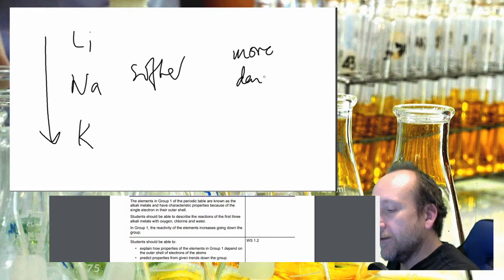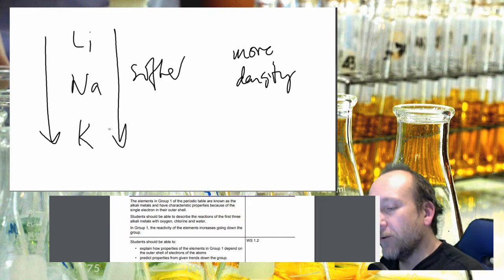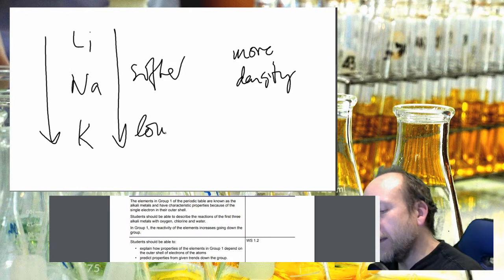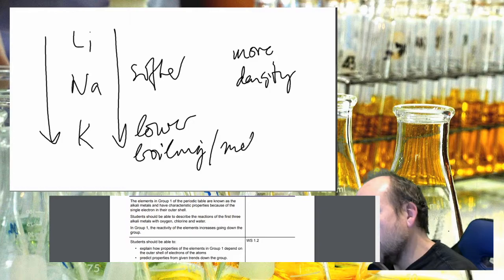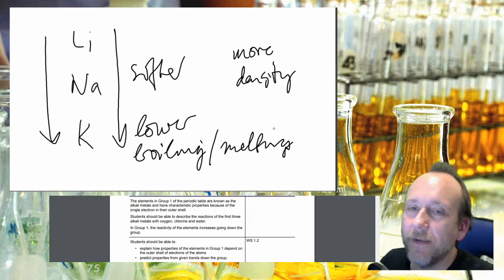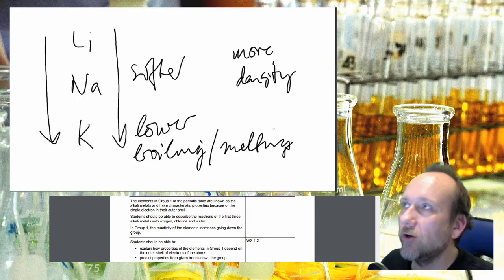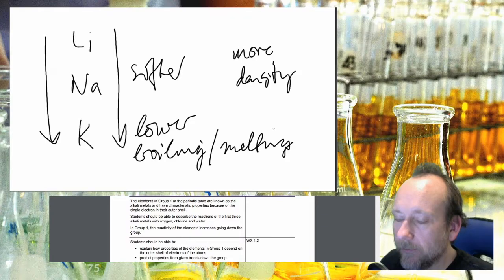They also become more dense. The other thing is that boiling points and melting points actually decrease. So boiling points and melting points decrease, and they are quite easy to melt compared to iron and copper and silver and gold and transition metals in general.